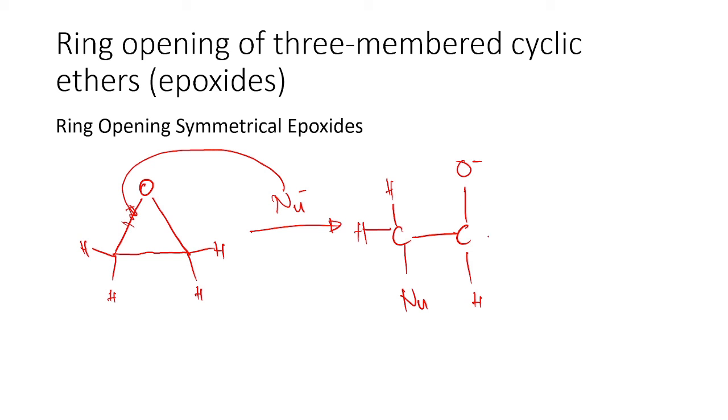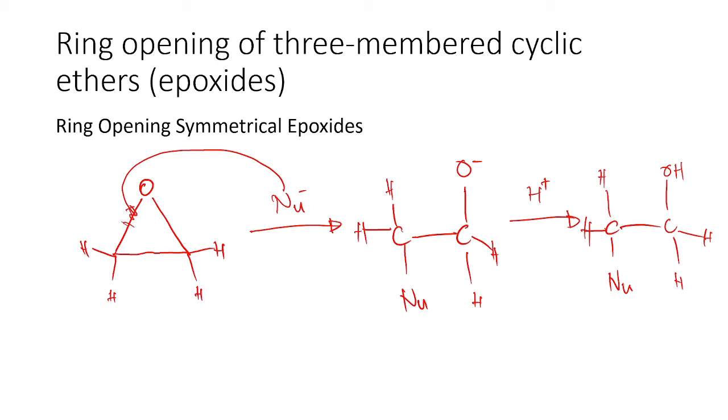Then upon adding our H plus or our acid, we will have this compound. So basically, if we have oxirane, we will be producing an alcohol with an attached nucleophile.